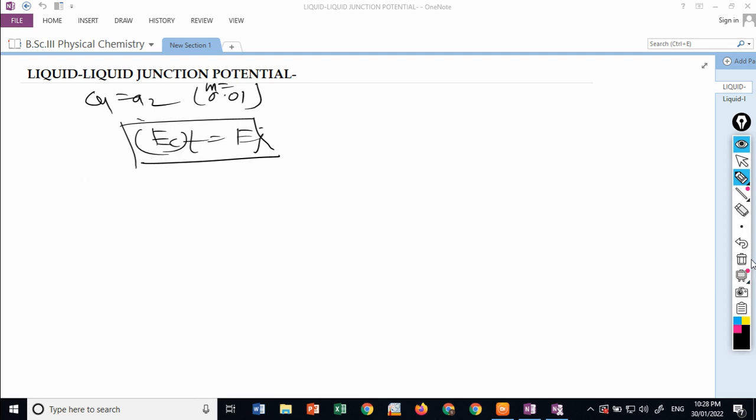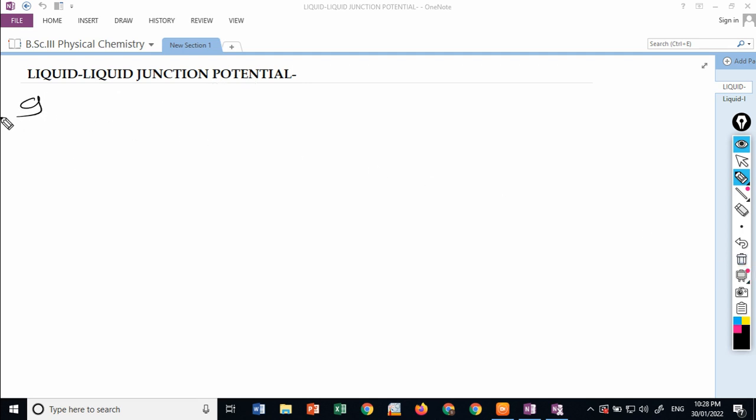Now we'll see method C. Liquid junction potential may also be measured by means of two suitable cells as follows. The first cell is potassium amalgam, KHg, KCl having molality M1, KCl having molality M2, and KHg.